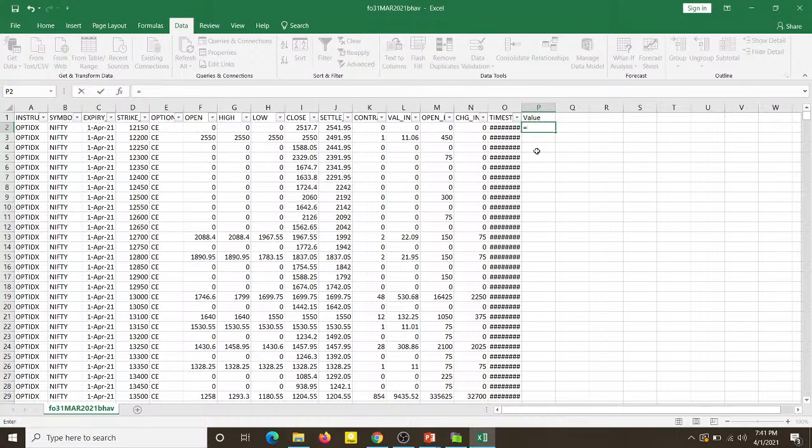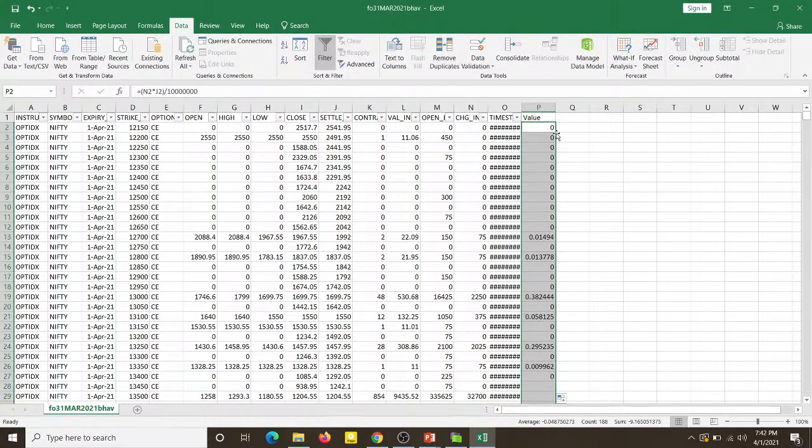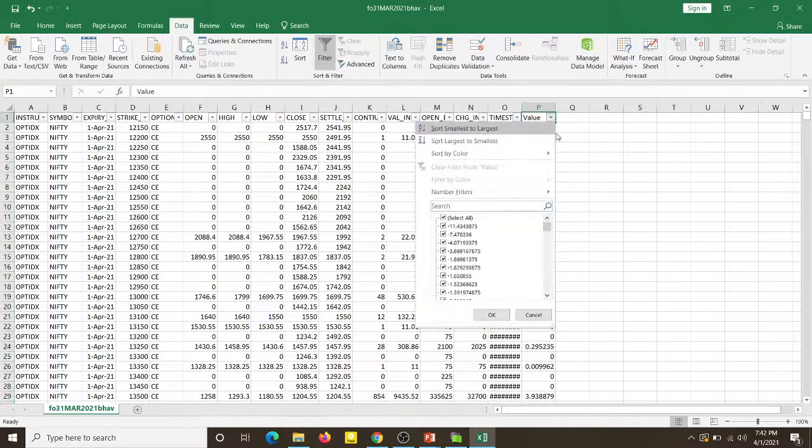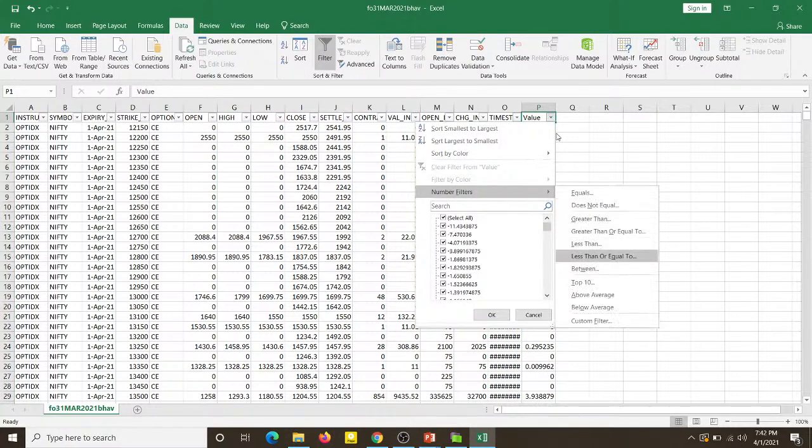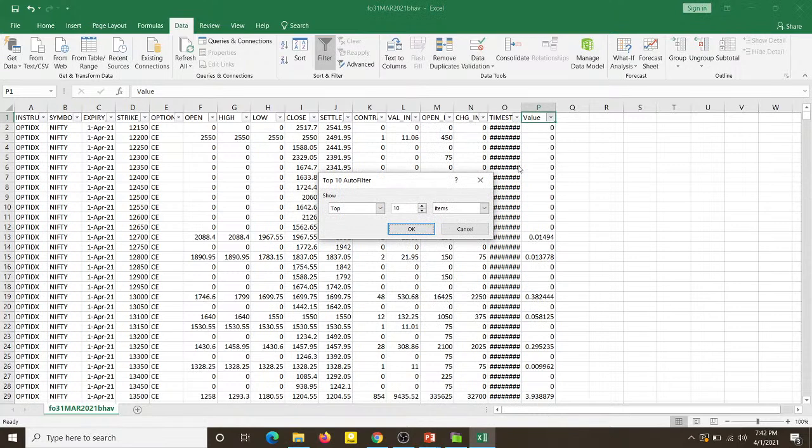Don't lose the track, guys. We are just adding positions. We'll revisit all the positions one by one, day by day. Okay, 1 crore. Correct. And we'll add top 10. Fine.